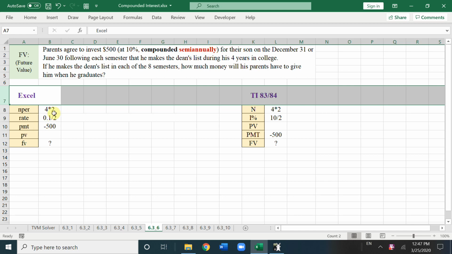Number 6, the keyword is semi-annually. That's why the time needed is times 2, and the rate is divided by 2. And the payment is at the end, so December 31st and June 30th, the end of each period.